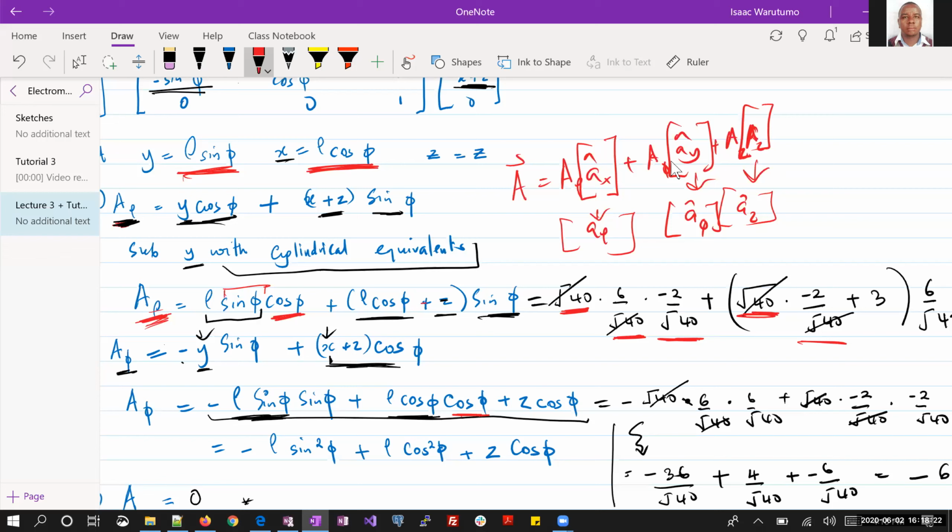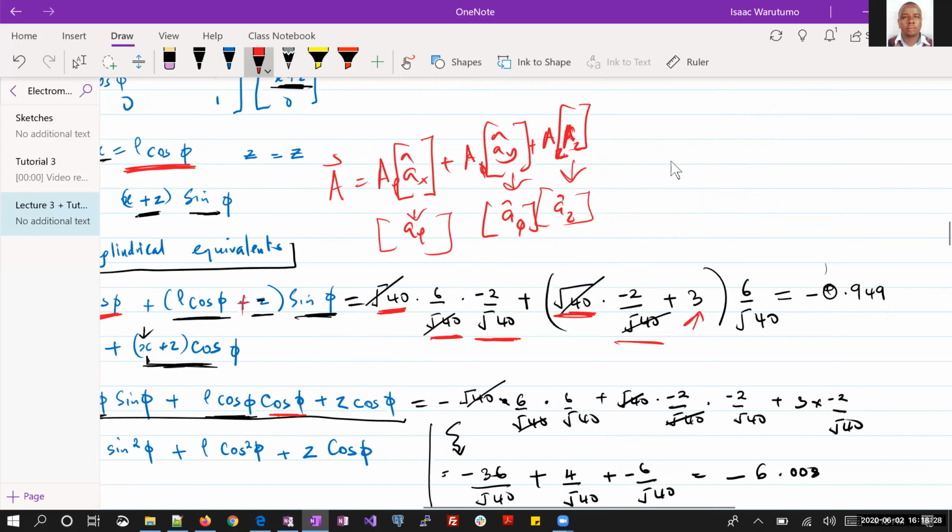This is plus z, and my z is 3, times sine phi, which is 6 over root 40.